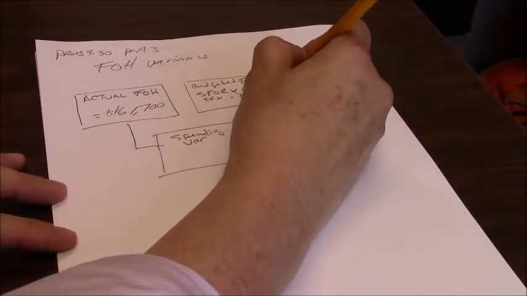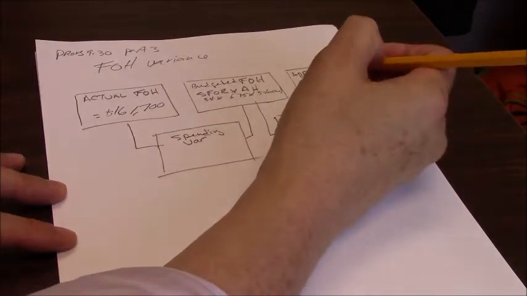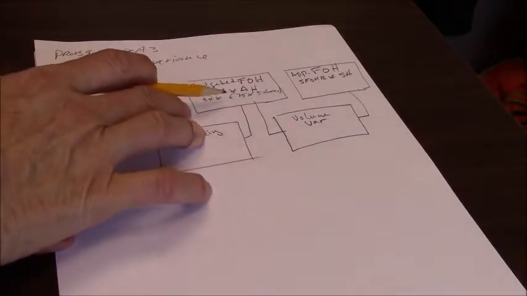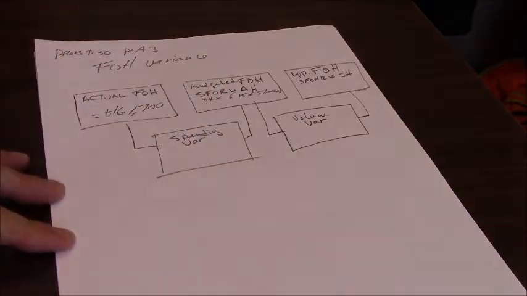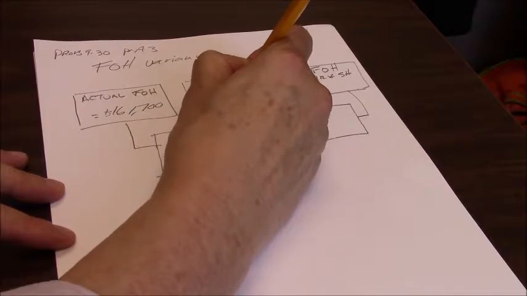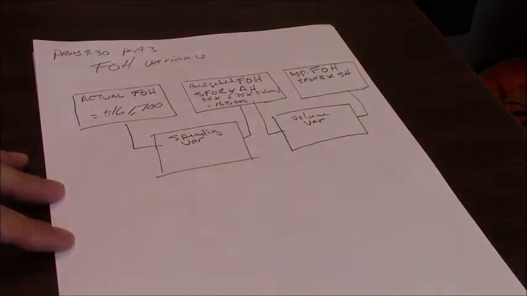Using my practical volume, I thought I was going to do 54,000. So $4 times 0.75 times 54,000 ends up being 162,000. All right. So there's my actual, there's my budgeted.